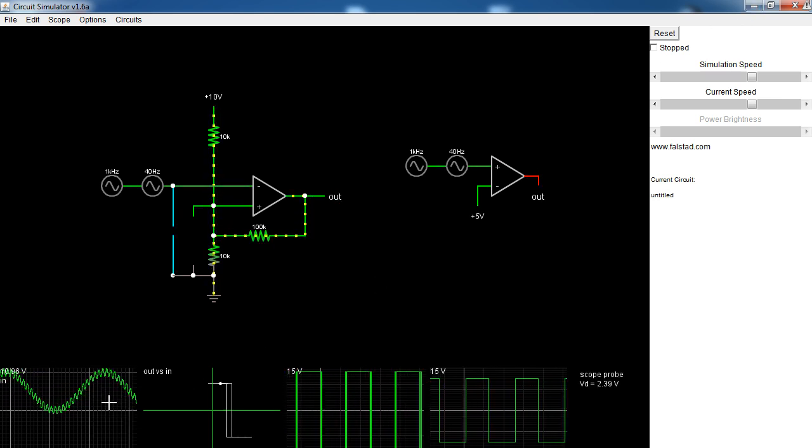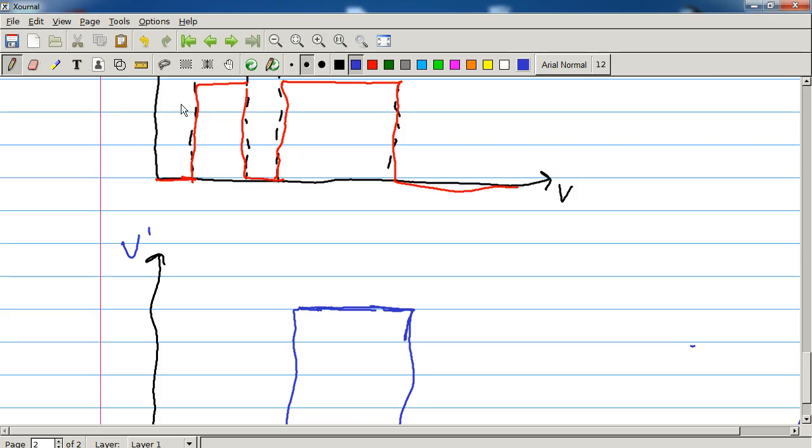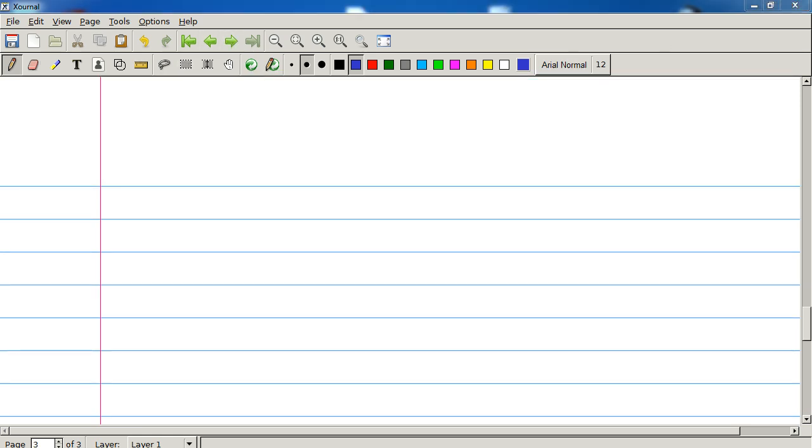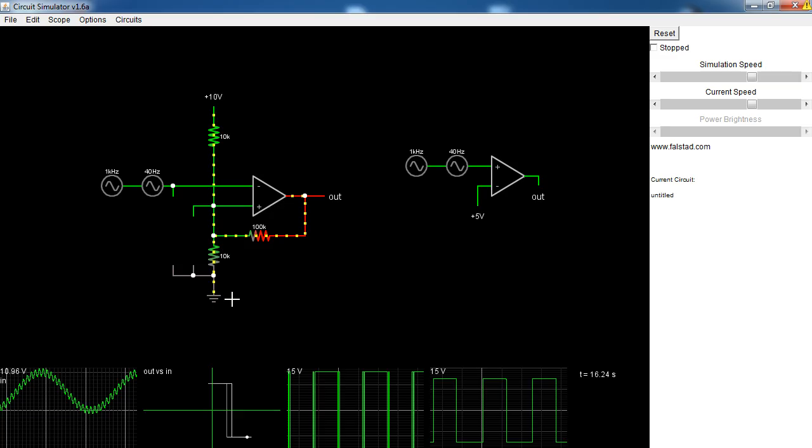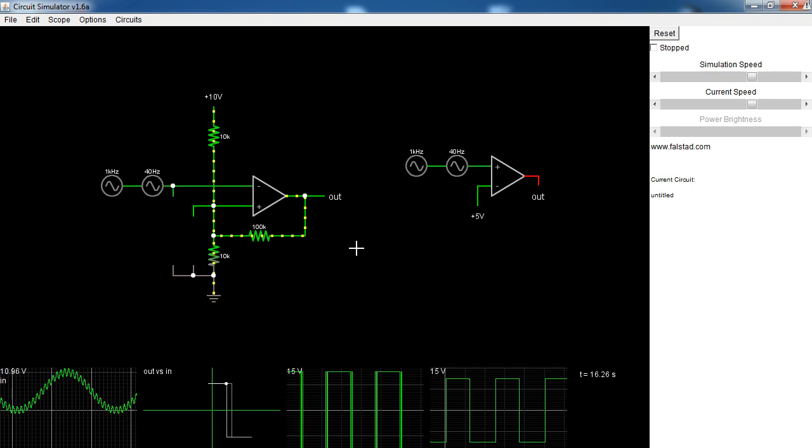The voltages for this, I do have a formula. Keep in mind that this formula assumes a couple things.